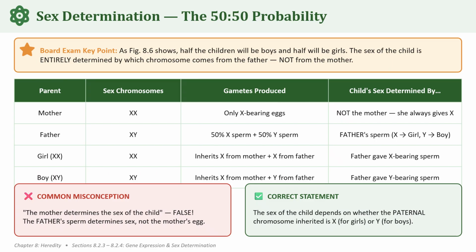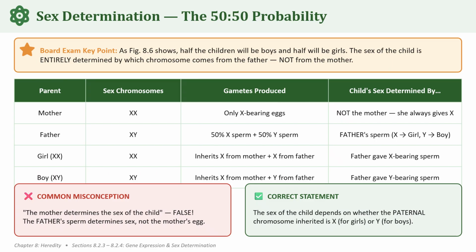Since the father produces equal numbers of X-bearing and Y-bearing sperm, there is an equal chance of producing a boy or a girl: 50% probability of a girl and 50% probability of a boy. What you should learn from this is that the mother always contributes an X chromosome. Hence, the father alone determines the sex of the child.